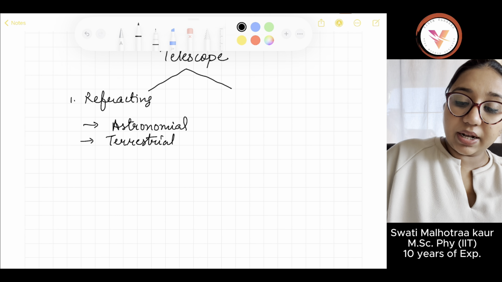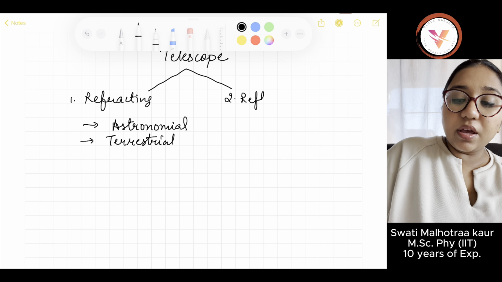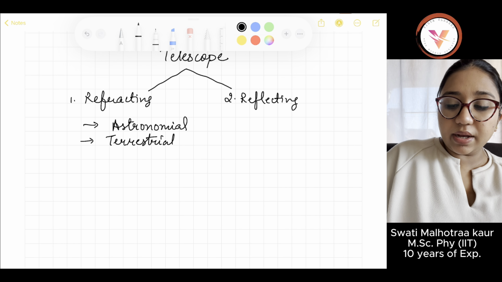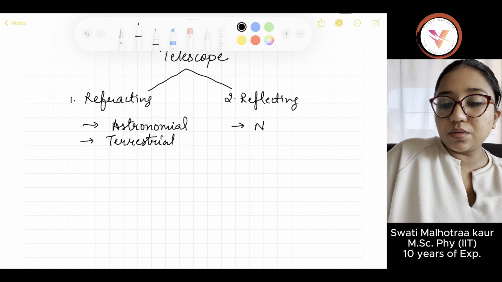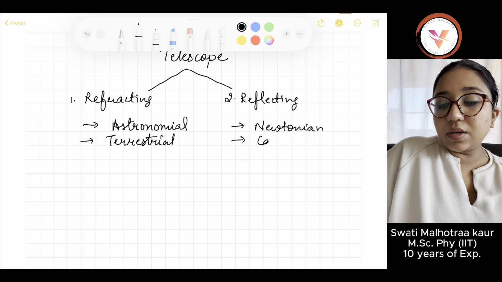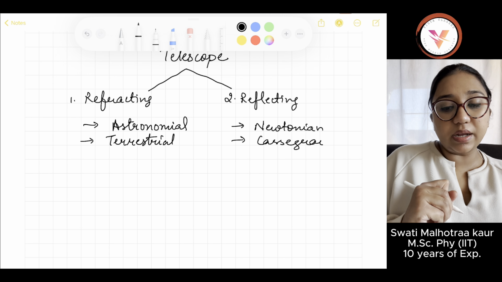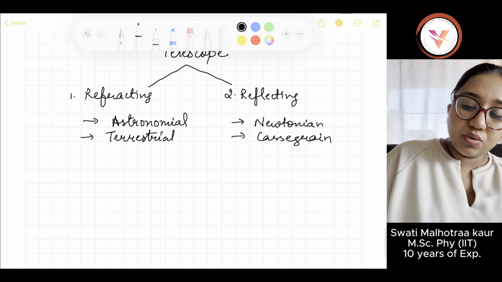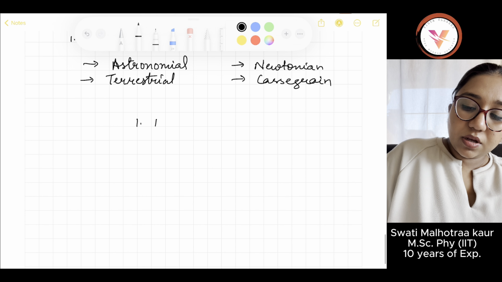Second is reflecting, in which they use mirror and they have Newtonian and Cassegrain telescope.